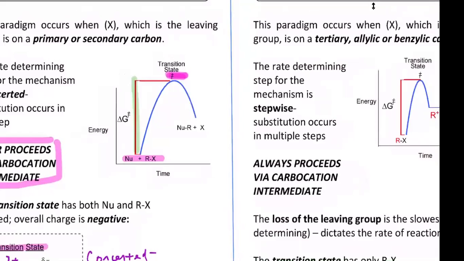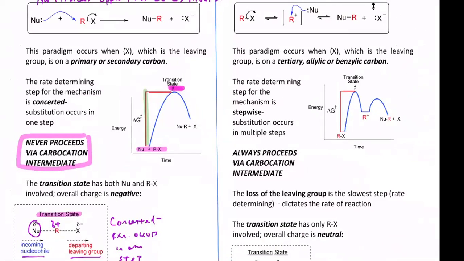Because if you remember from when we talked about converting alcohols to alkyl halides, there can be steps that precede or follow the substitution step. With alcohols to alkyl halides, we did a proton transfer and then a substitution, and then something else may have happened, right? So it depends on which method we use. But this is a concerted reaction, happens on the primary, secondary carbon, and it always proceeds with inversion of stereochemistry.